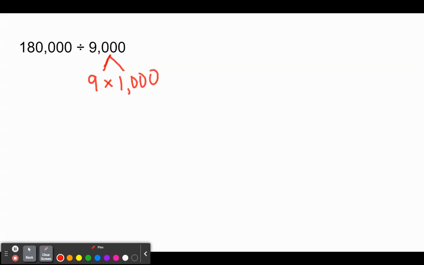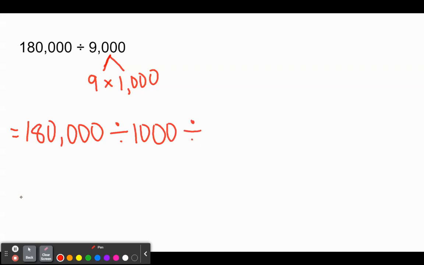So we can divide by the factors. I can rewrite 180,000 and divide that by 1,000 and divide that by 9, because we can also divide by the factors, right? Because 1,000 times 9 equals 9,000.